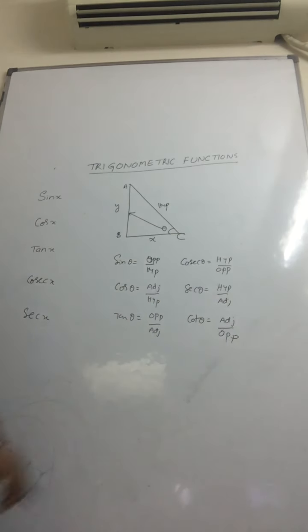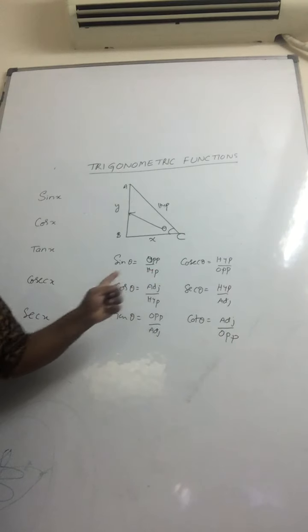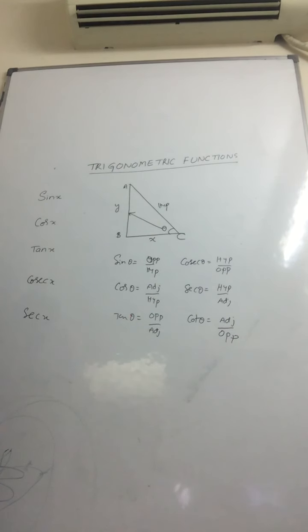So cosecant is reciprocal of sine, secant is reciprocal of cos, cot is reciprocal of tan.